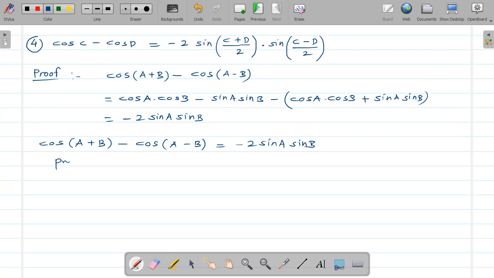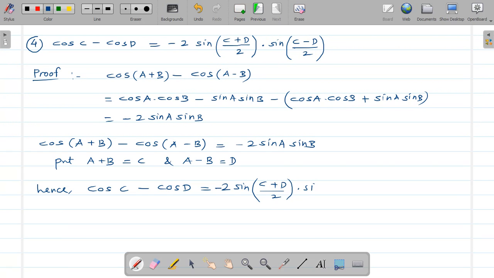And here also, if you put A plus B is equal to C and A minus B is equal to D, then you can say that we get cos C minus cos D is equal to minus 2 times sin (C plus D) upon 2 into sin (C minus D) upon 2, because A is nothing but (C plus D) upon 2 and B is (C minus D) upon 2. So this is the fourth and last factorization formula.